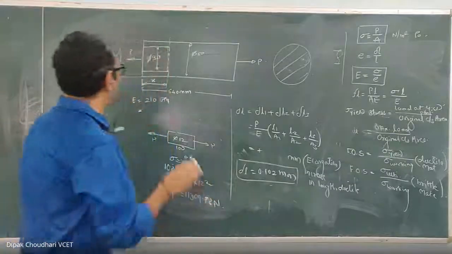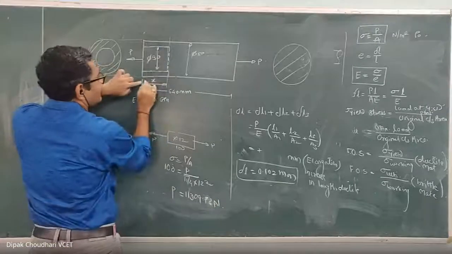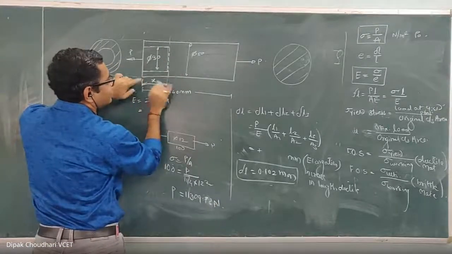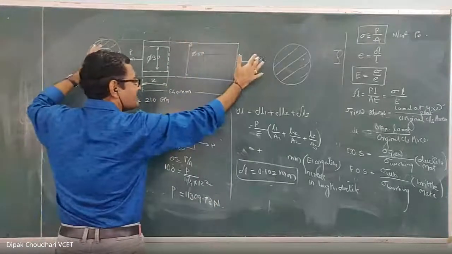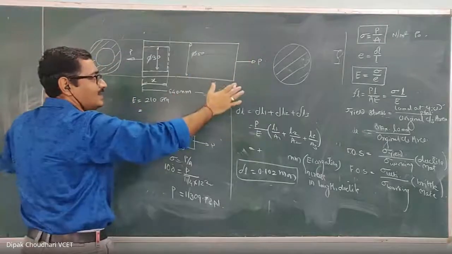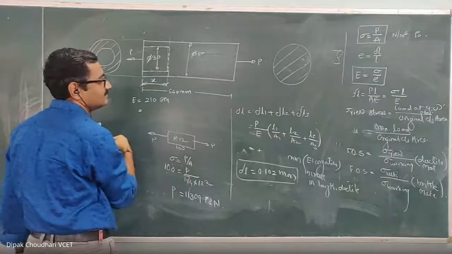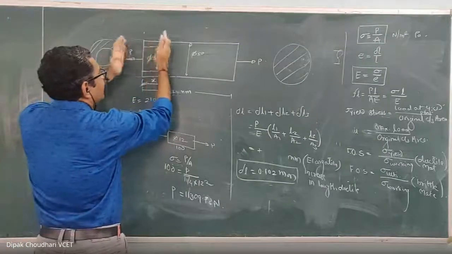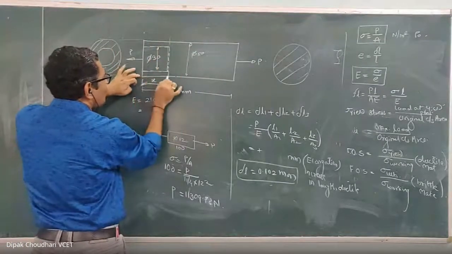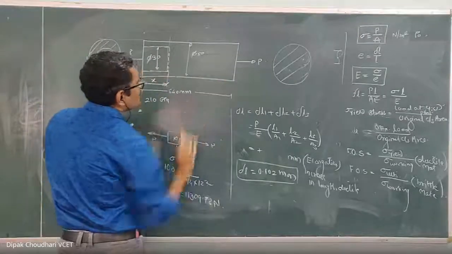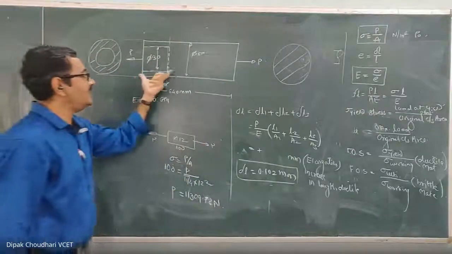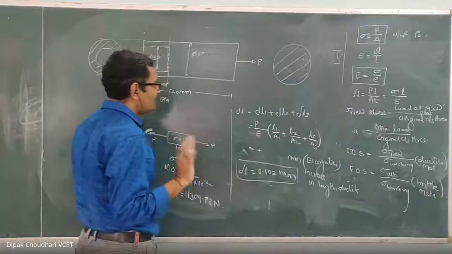Calculate the length of the hole, shown here as x. For any axial load, we have to find this x such that the deformation of this hollow part is equal to the deformation of this solid part.